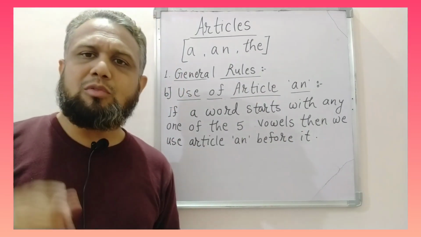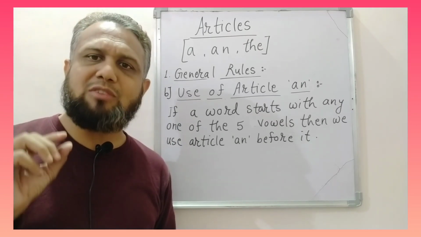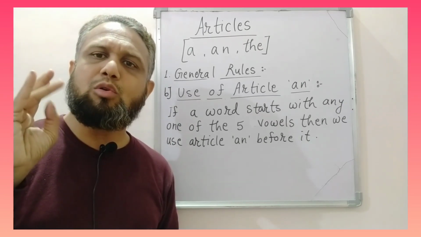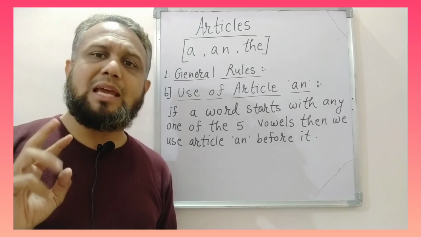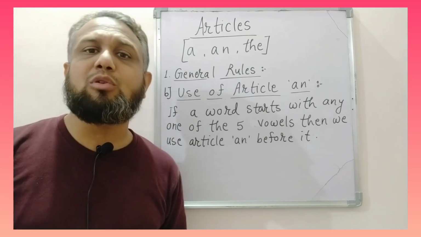So if a word starts with any one of the 5 vowels, 5 vowels means A, E, I, O, U. If a word starts with any one of the 5 vowels, then we use article an before it.